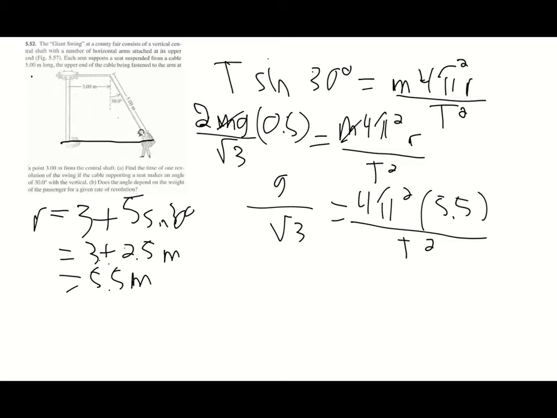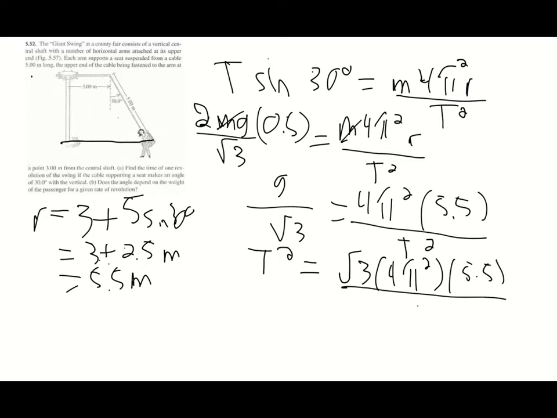Now I'm going to rearrange everything. So I'm going to have T squared equals root 3 times 4 pi squared times 5.5 divided by g, which means that the period will just be the square root of all that stuff.